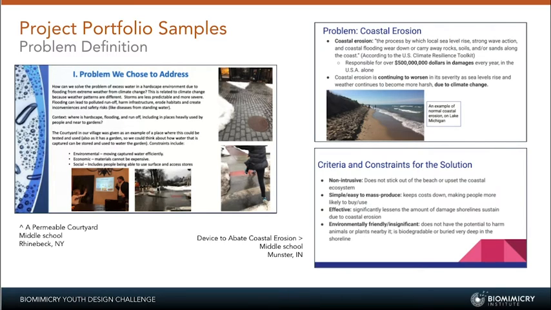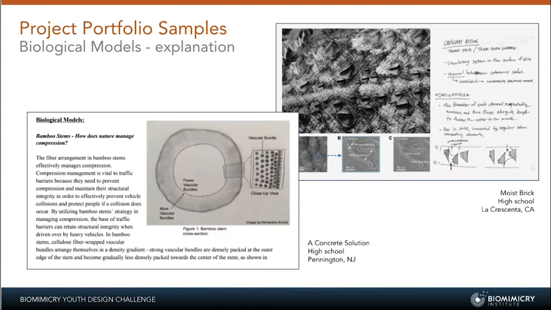So problem definition is an important thing that we want to see in the portfolio. And, you know, a clear description of what the problem is, how it was selected, and the criteria and constraints are the key things to address in this category. Now, for addressing biological models, we want to see a demonstration by the students that they understand their biological model.